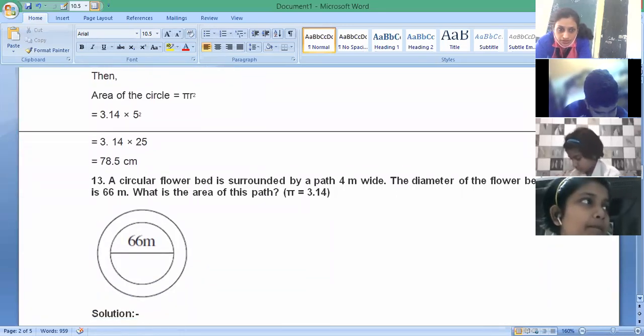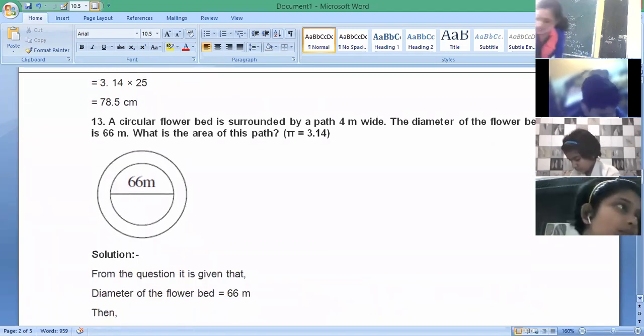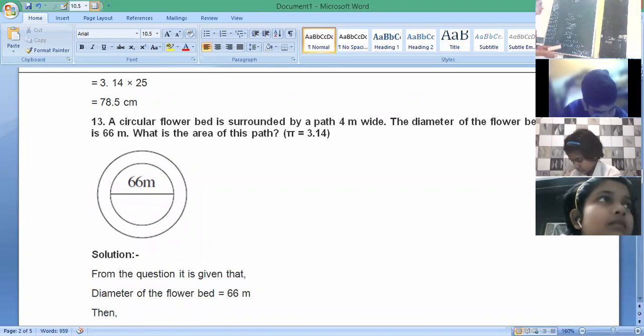It is given in your book also. Better see this diagram. So the diameter of the flower bed is given as 66 meters.